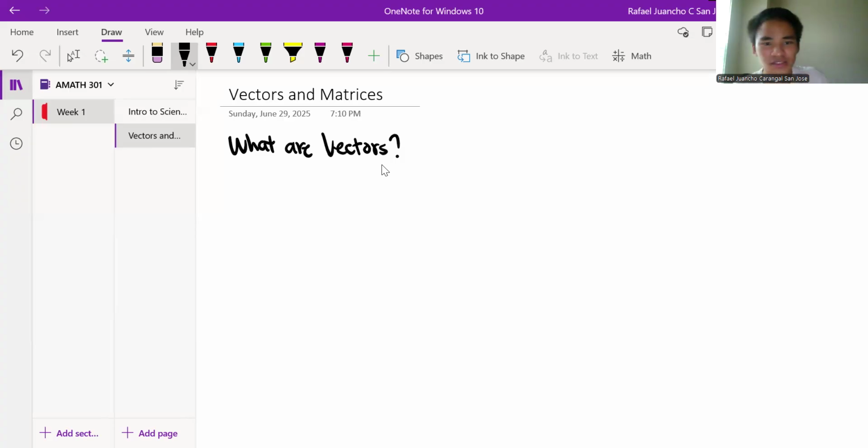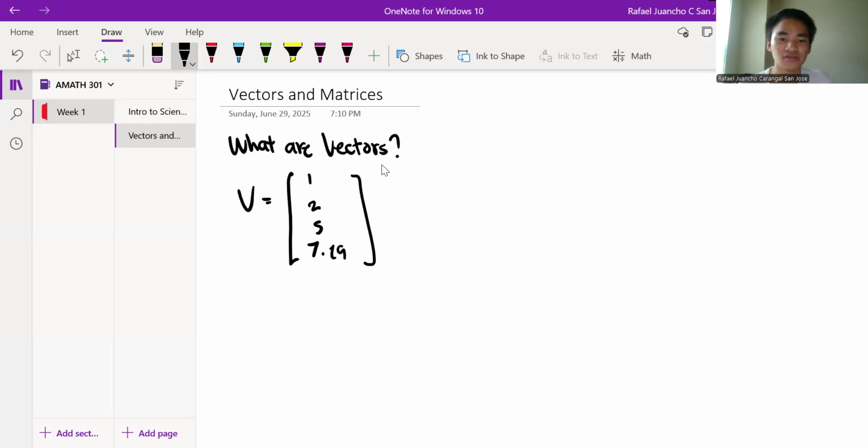So this is a vector, at least this is how they formatted it. We're assigning it to v, and then we're putting some numbers in. So we have 1, 2, 5, and then 7.29. This whole thing's a vector. It's like some sort of container, and you're storing a bunch of values in, right?